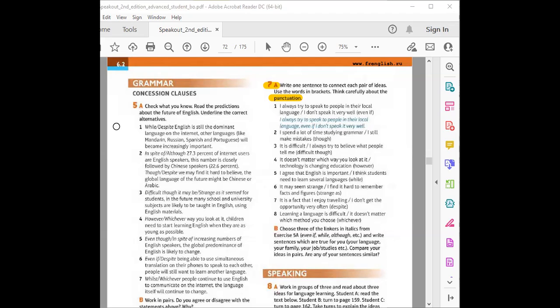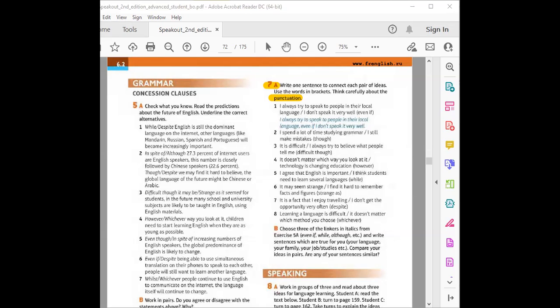Okay, so let's do it together. The first one is answered for us. I always try to speak to people in their local language, even if I don't speak it very well. Number 2, I spend a lot of time studying grammar. I still make mistakes. So what do you suggest to do here?